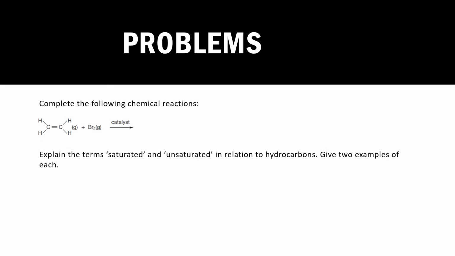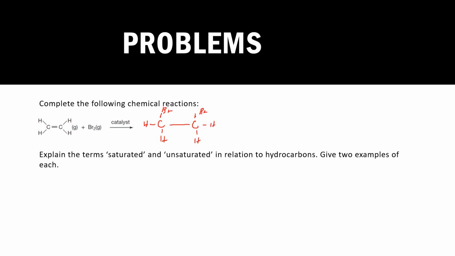Okay, complete the following chemical reaction. This is the addition reaction for ethene. What are the products? The C=C double bond becomes a single bond. Instead of this bond going away, it joins bromine, but the other hydrogens are still in there.